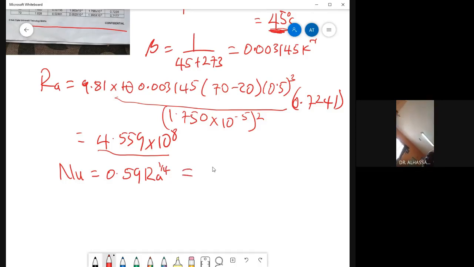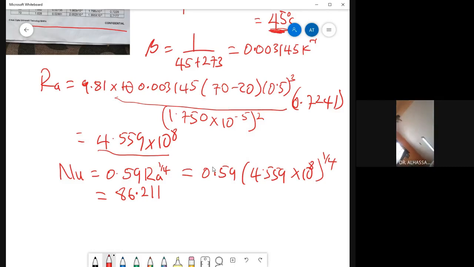This gives me 0.59 times 4.559 times 10 raised to the power 8, all raised to the power 1/4. You calculate this carefully, and then you get 86. So this is a dimensionless parameter.